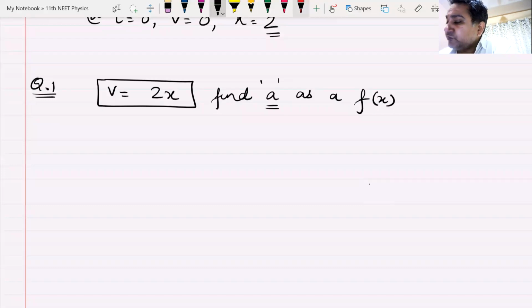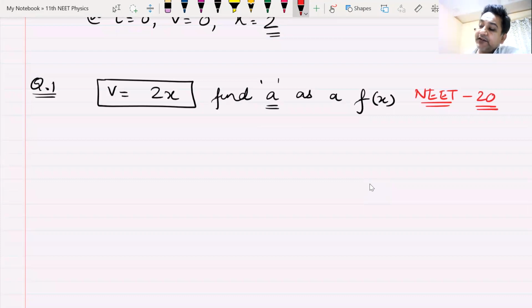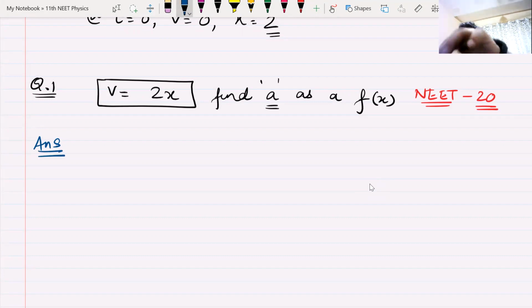This question appeared in your NEET 2020. Find acceleration as a function of x. Can anyone do this for me? Velocity is 2x.